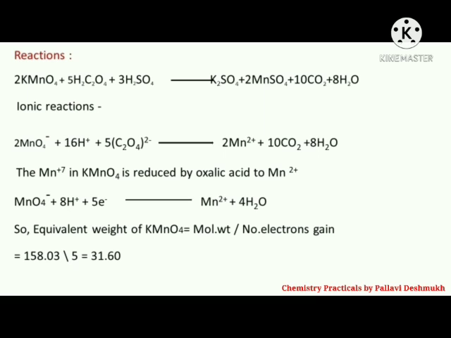So, the equivalent weight of KMnO4 is calculated by the formula molecular weight divided by number of electrons gained, and in this case the number of electrons gained is 5. So, the equivalent weight of KMnO4 is 31.60.